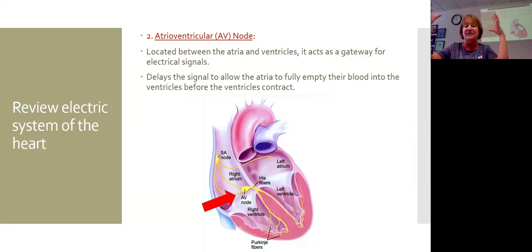And then it goes down to the ventricles for the ventricles to contract. So the AV node is really important for the electrical system to go from the SA node through the atria to the AV node, where it's a little bit delayed for the filling of the atrium. It's really, really important.